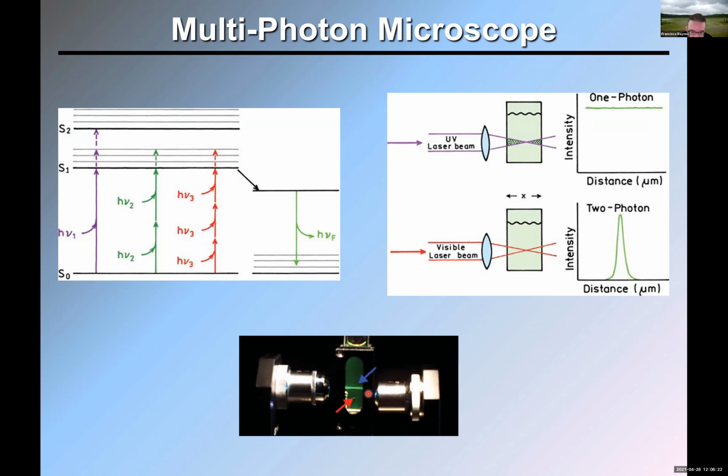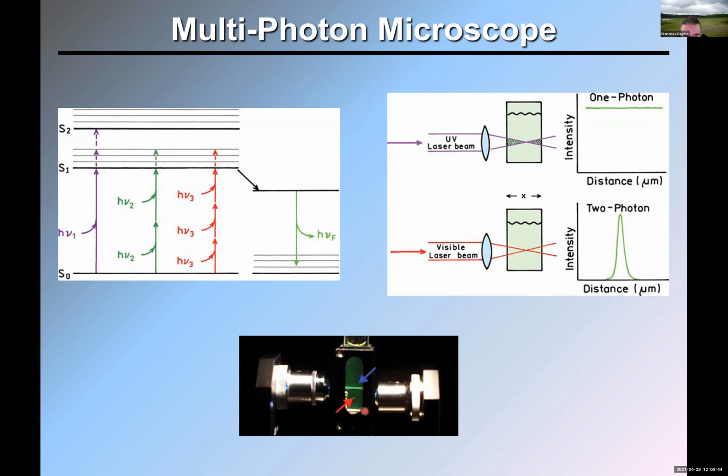In a second, I will explain with this diagram what these lines are. So here we have an objective lens on one side, an objective lens on the other side. So this one is used to induce one photon absorption. And as you can see, fluorescence is everywhere along the path of the light. This one is used to do 2 photons.